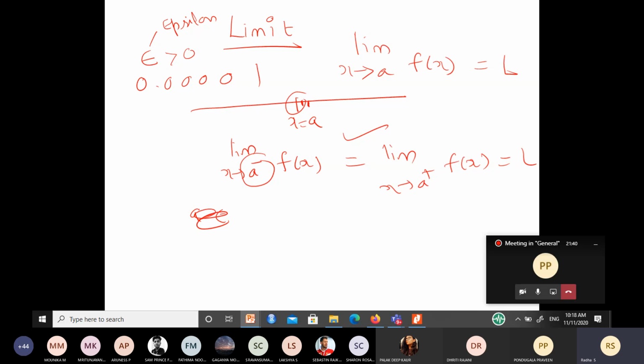See, for that we have a mathematical definition. I'll tell you that mathematical definition. Whenever x approaches a, if you feel that you are getting confused, please tell me, I'll go slowly.